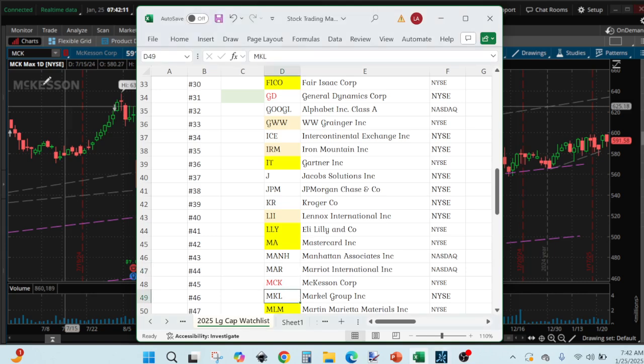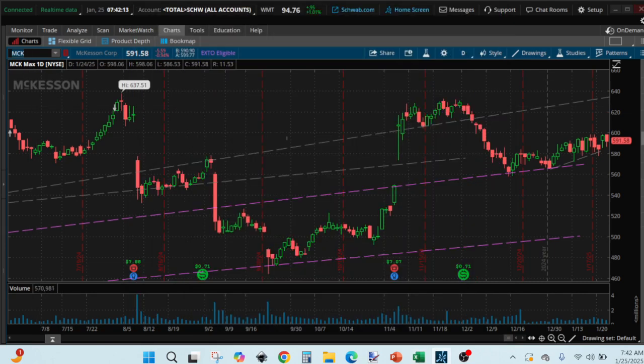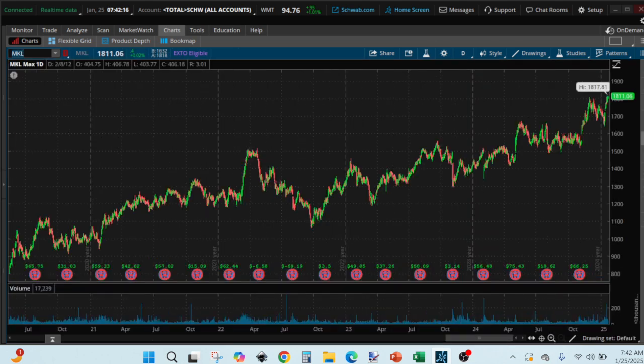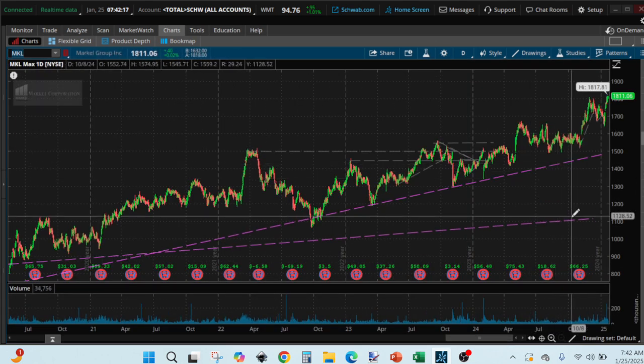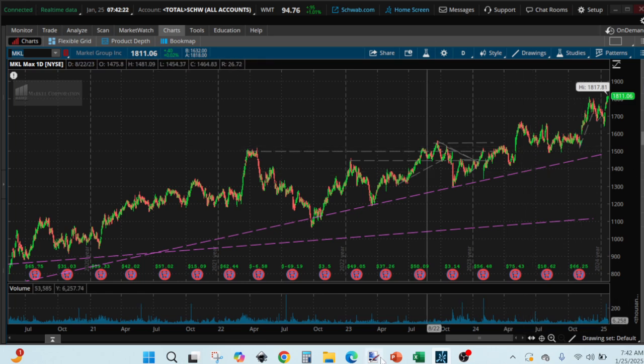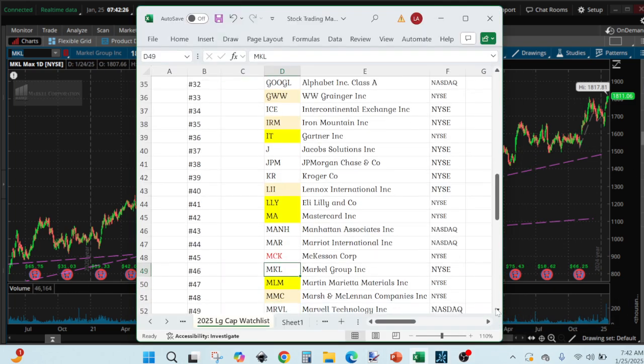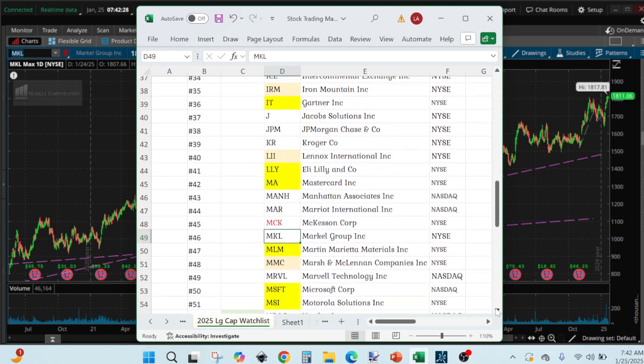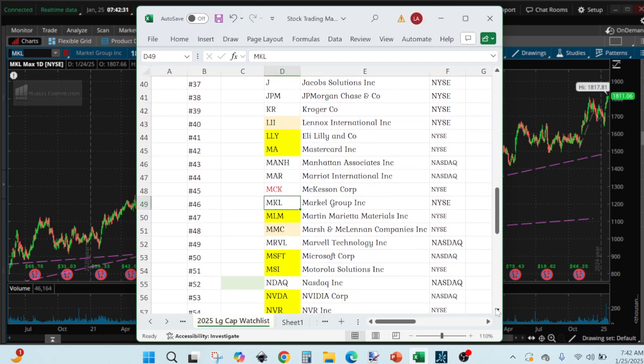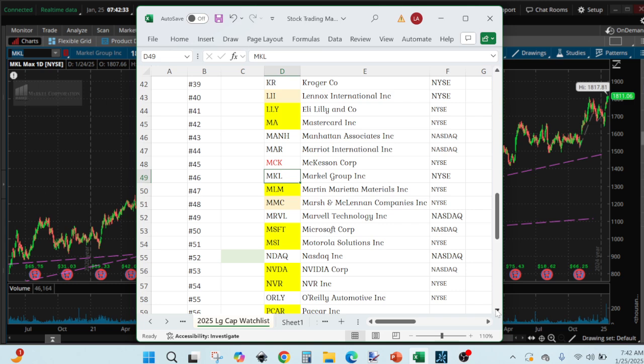The next one is MKL. We like to buy at those two trend lines. Right now it's going up, it's not ready to come down yet. The next one is MLM, and MLM we purchased it, we have not sold it yet.